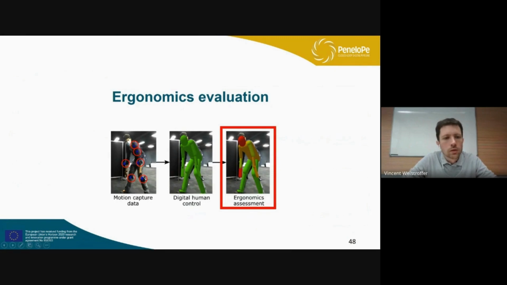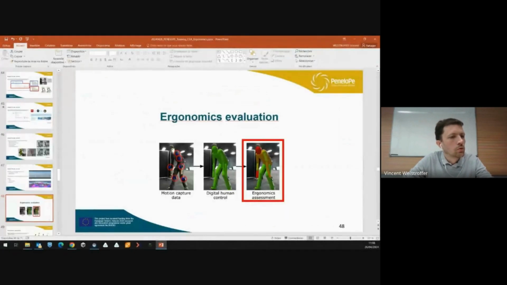So this is the main topic about digital human control. Maybe I can go back into a short demonstration in order to illustrate this control again with our own software.